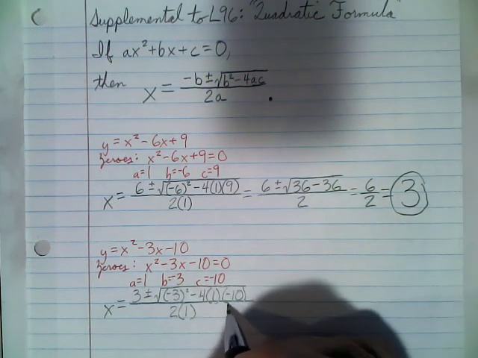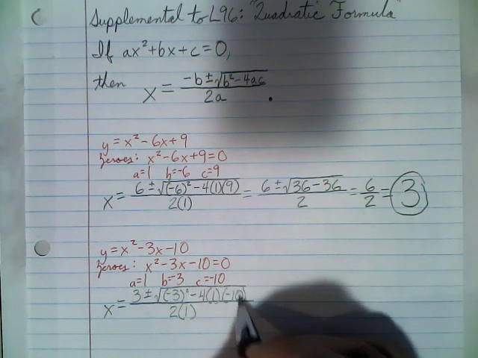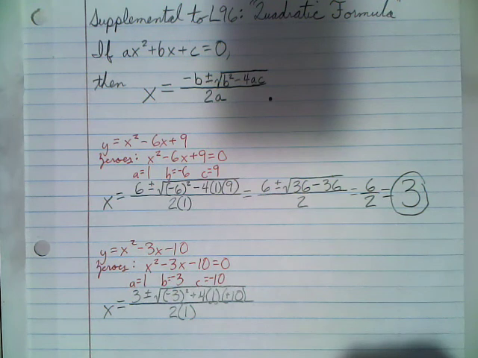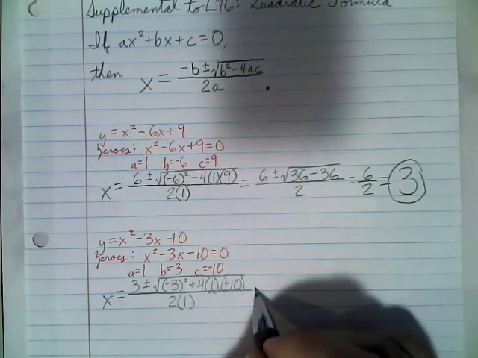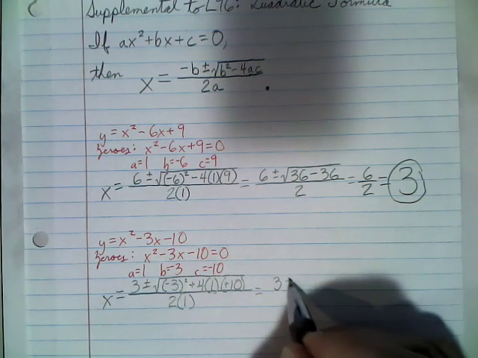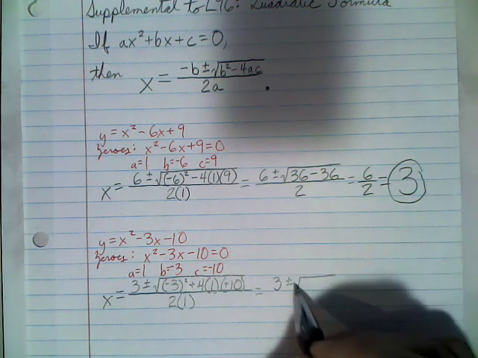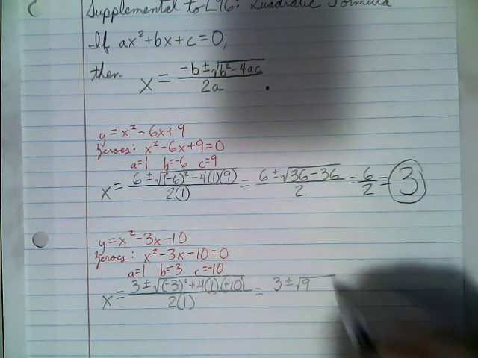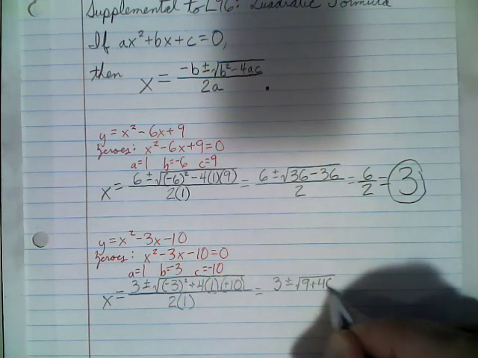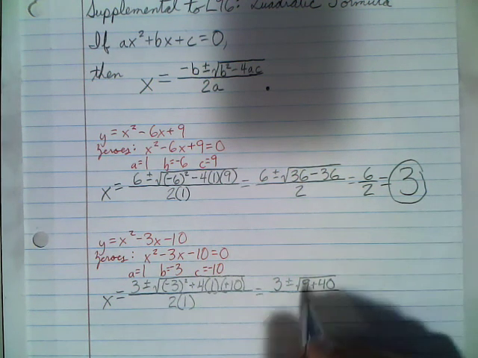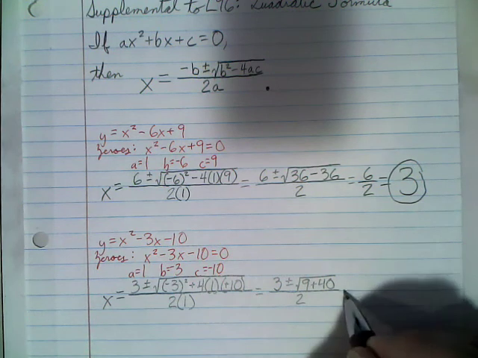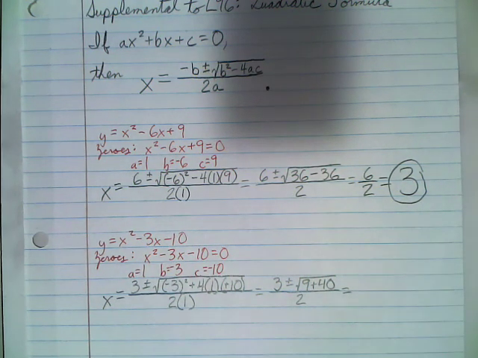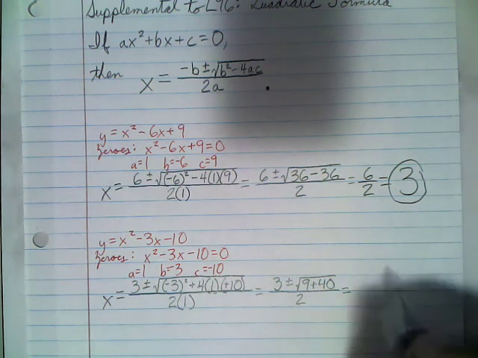So real quick here, I'm going to notice I got 4 times 1 times a negative 10. Well, that negative and that minus really can cancel each other out. That's going to make things a little easier. So then this is going to give me 3 plus or minus the square root of negative 3 squared, which is 9, and 4 times 1 times 10 is 40, all over 2. Well, we can tell here 9 plus 40 is 49. And the square root of that is, of course, 7.